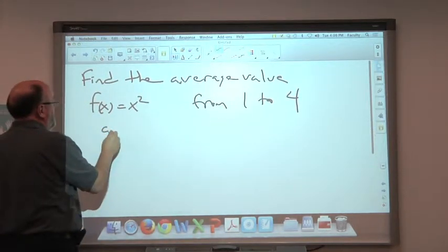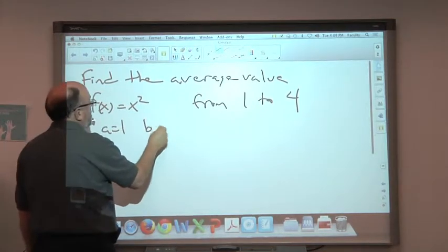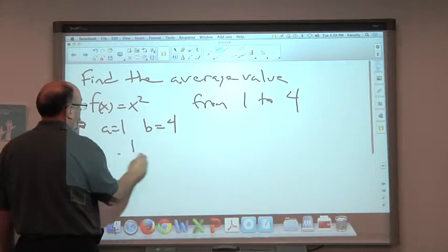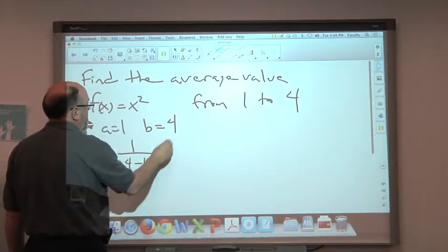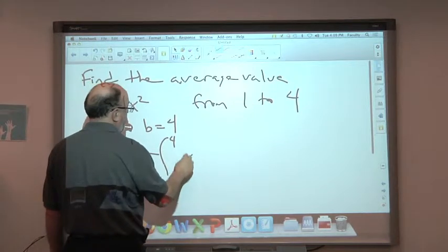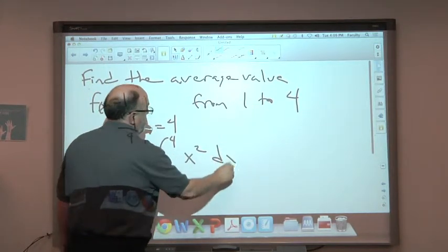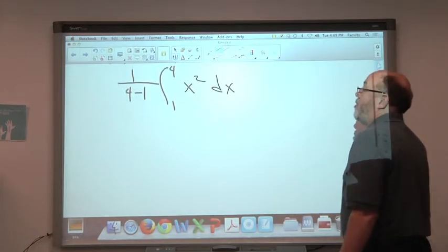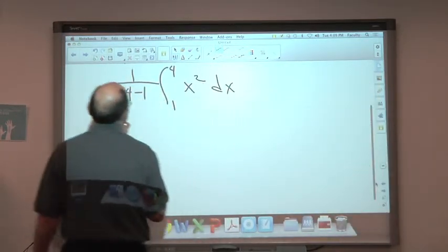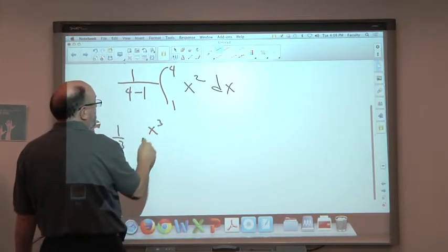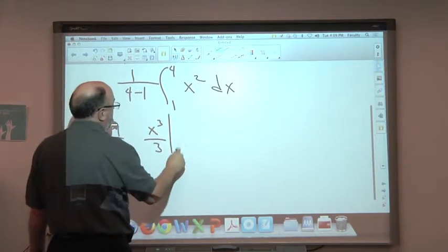So a is 1 and b is 4. We're going to integrate. It's going to be 1 over 4 minus 1 times the integral from 1 to 4 of x squared dx. 4 minus 1 will be 3, so this will be 1/3. This will be x cubed over 3, evaluated from 1 to 4.